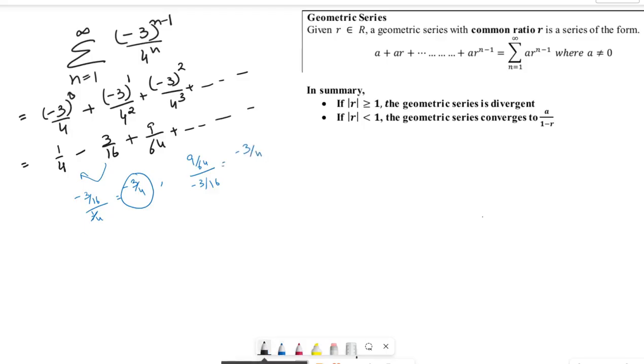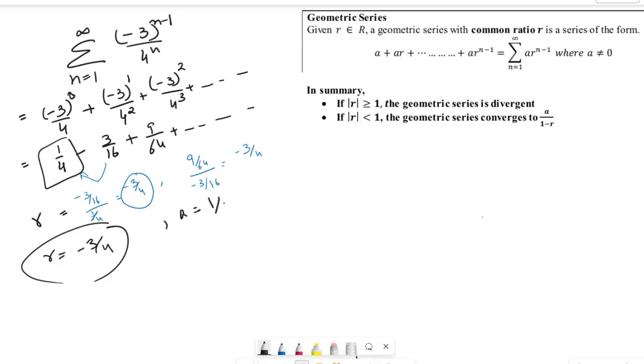We can keep going, and this is the same for all consecutive terms. That means our common ratio is -3/4, and our first term a here is 1/4. So this is an example of a geometric series still. Okay, this is a geometric series with r as -3/4.